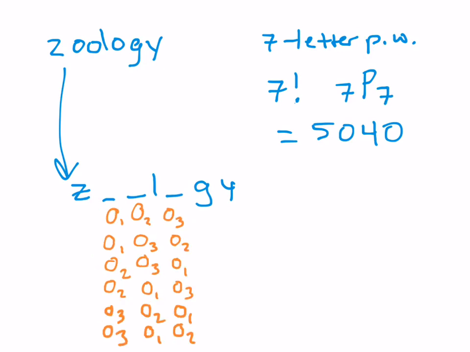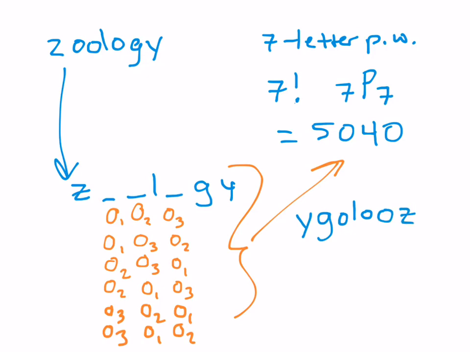Technically, in this count of 5,040 passwords, all 6 of these options have been counted. The same thing would be true even if we looked at a different arrangement, like if it was written backwards. That would be counted as one of the 5,040 passwords, but it would actually be written 6 different times to account for those O's being in 6 different arrangements.